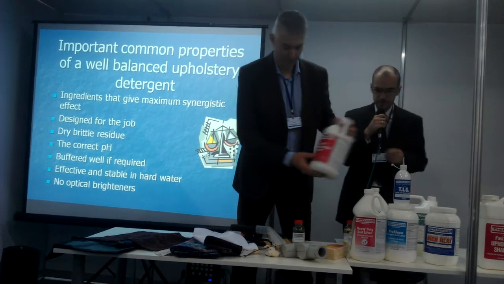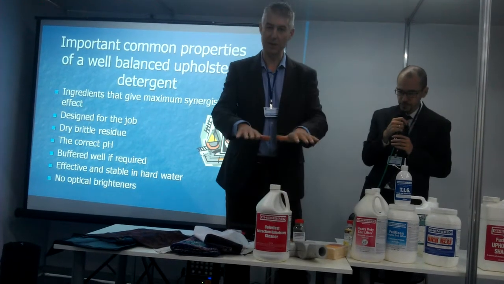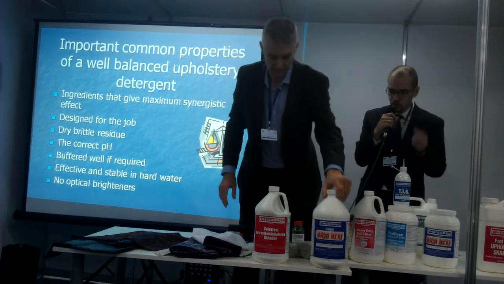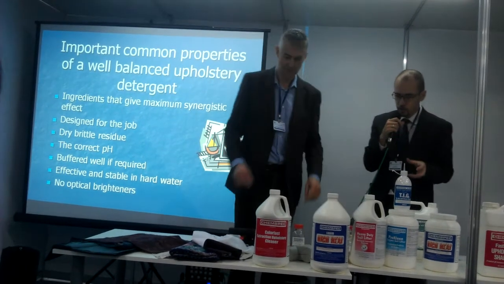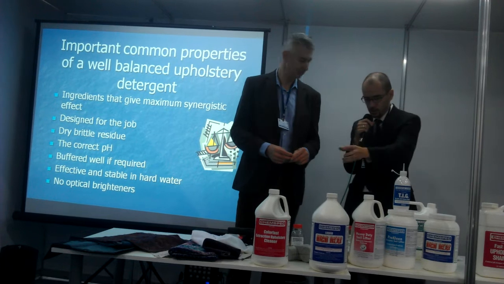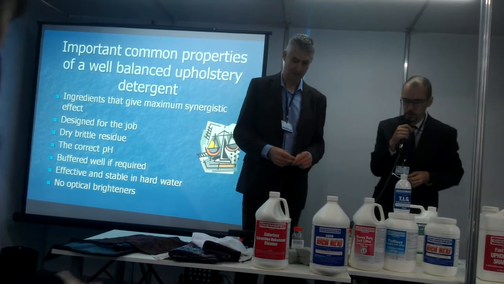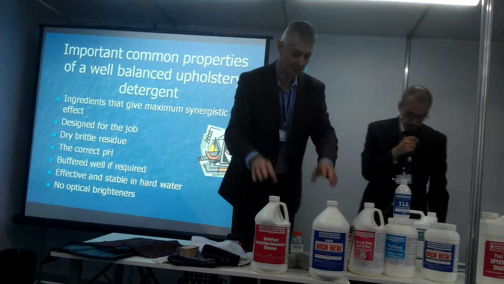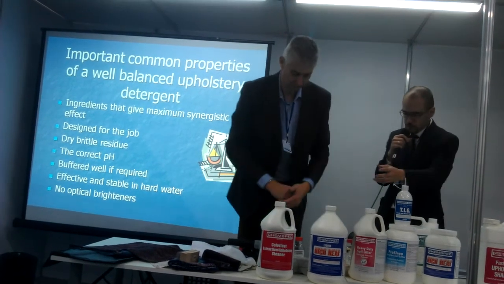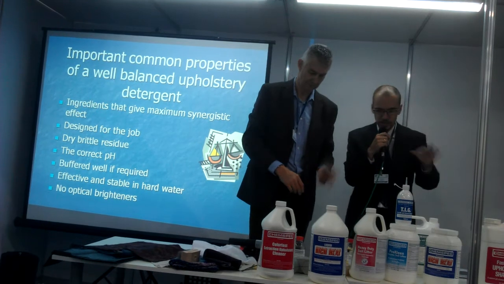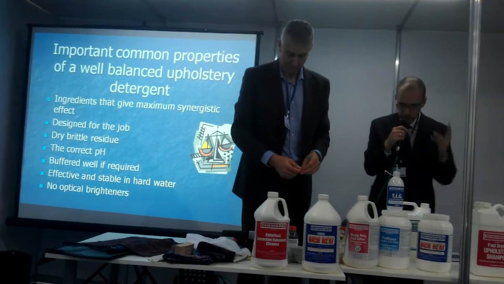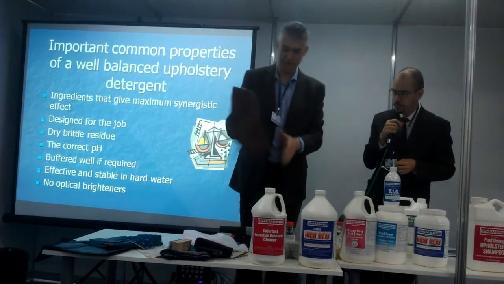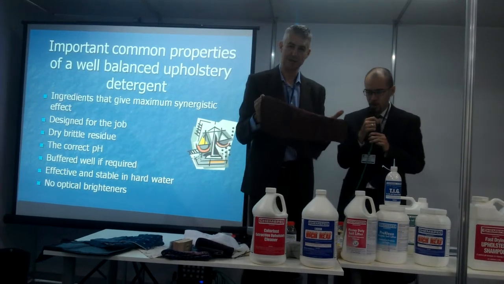So using products which have a very low pH, acidic cleaning products, with a pH of around 3 on the scale, these products are going to make this textile relax.